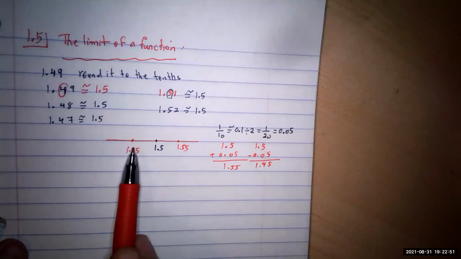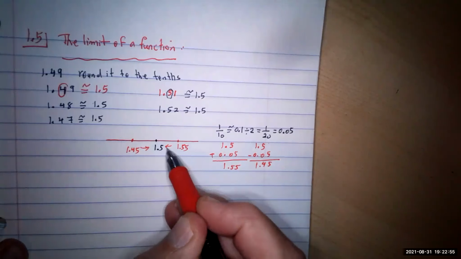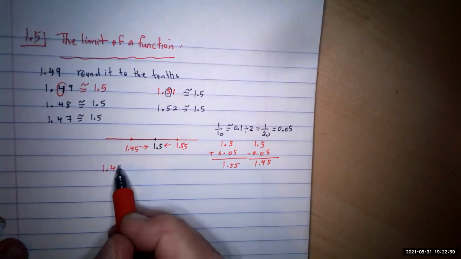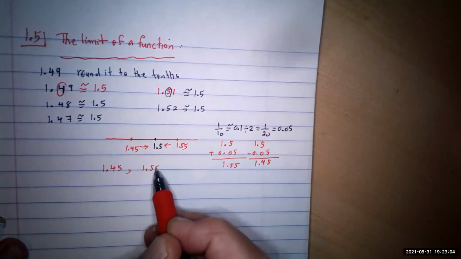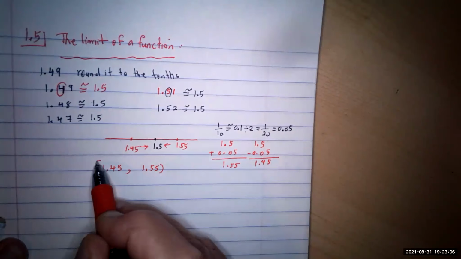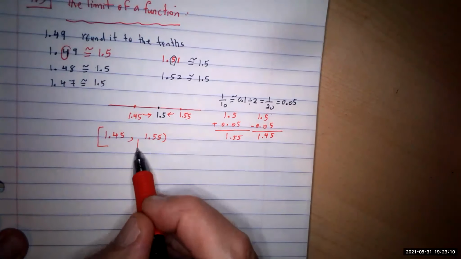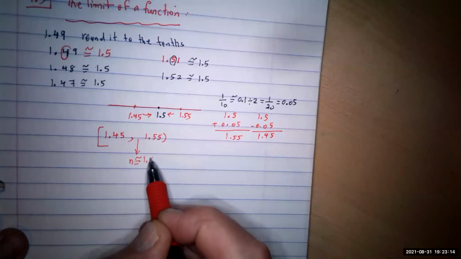Any number to the right or to the left. So you start with 1.5, this is going to be 1.45, and on the other side we get 1.55. Any number you pick in this interval would be rounded to 1.5.